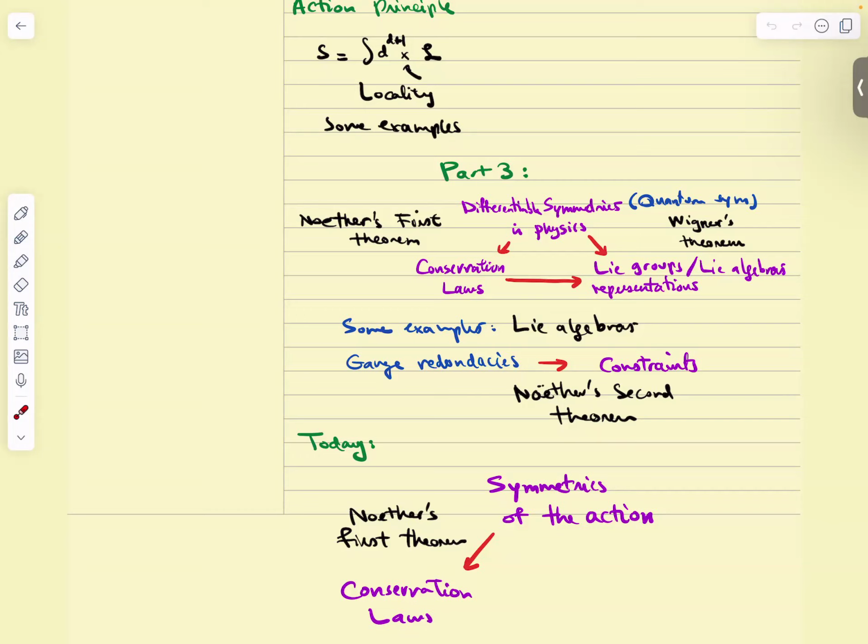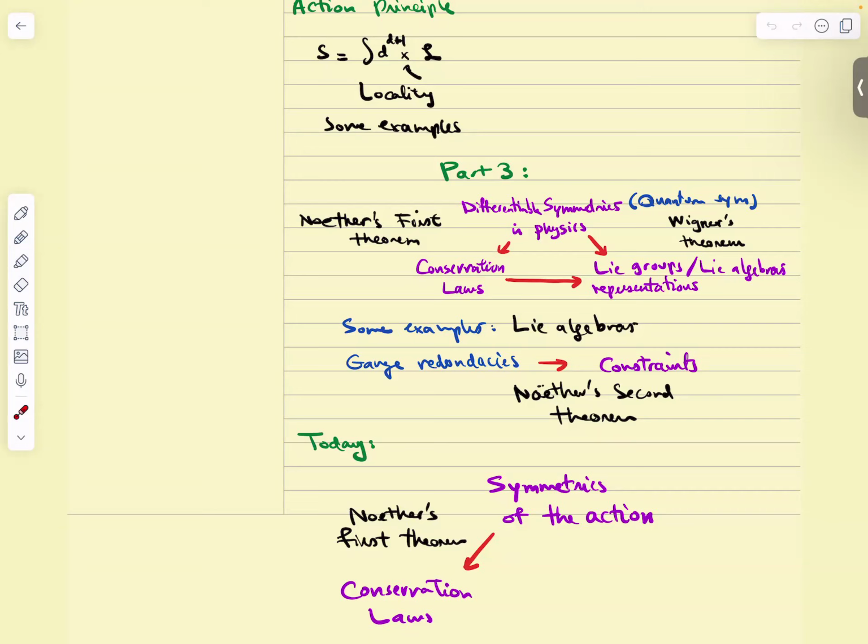I'll define those words. And then we'll talk about Noether's second theorem, which is about setups like gauge theories, where you don't really have a symmetry. You end up with this made up imaginary symmetry transformation that's unphysical, just because you insist on locality, and that has consequences.